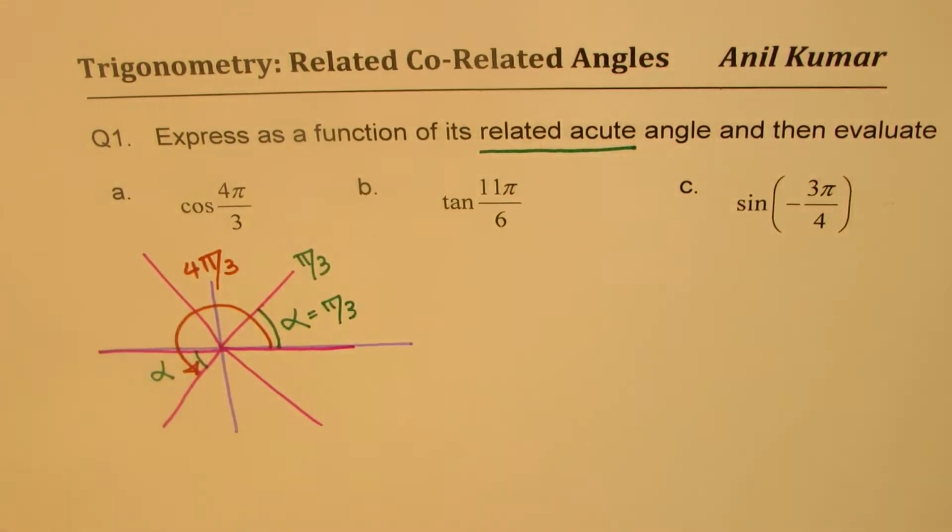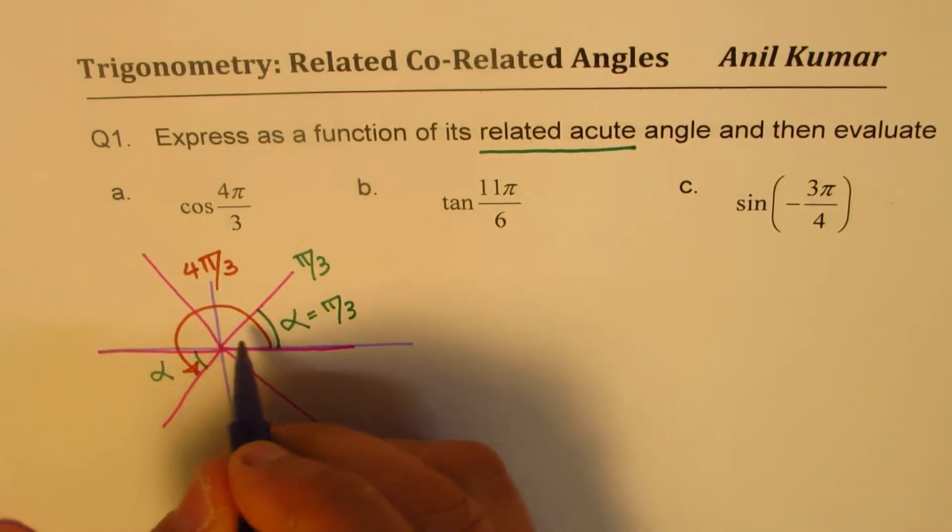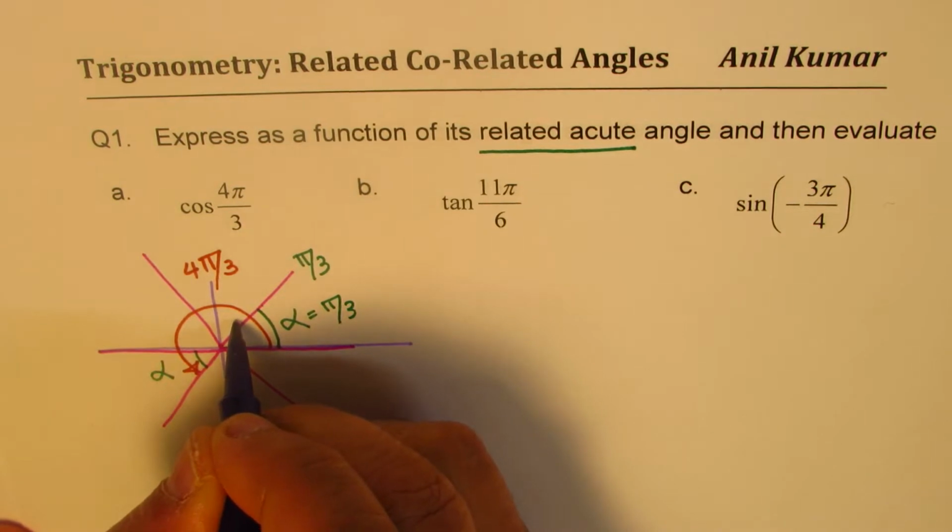So it's so simple. While working in radians, if you sketch or if you view the question, it becomes straightforward. Now another thing which is very important to understand is the sign. What should be the sign? Positive or negative? Now remember that in quadrant 1, all are positive.